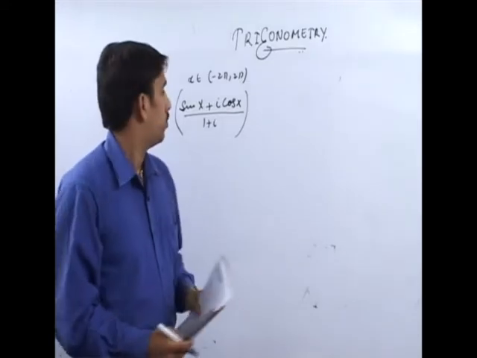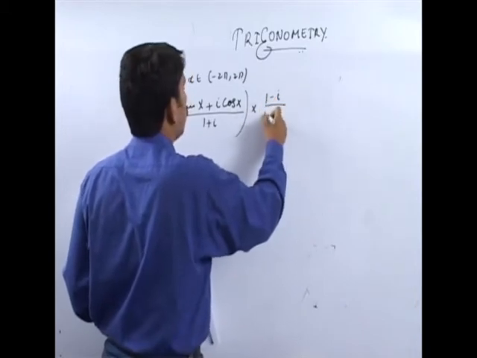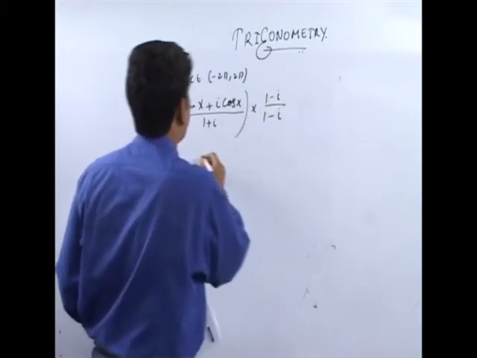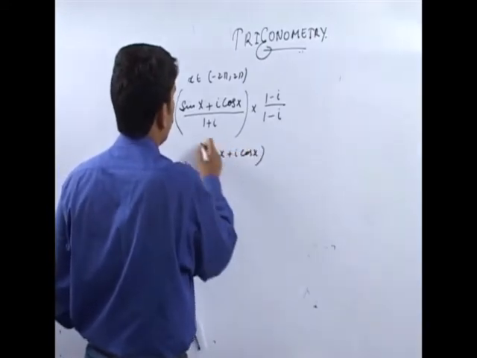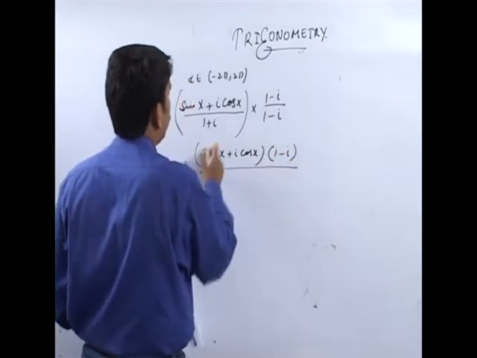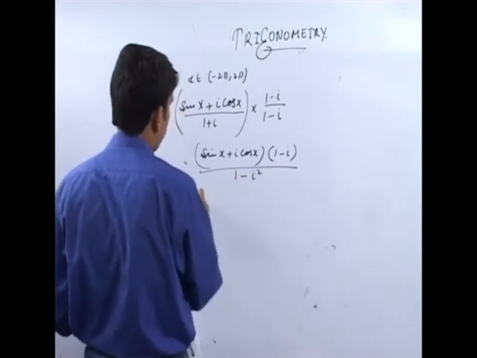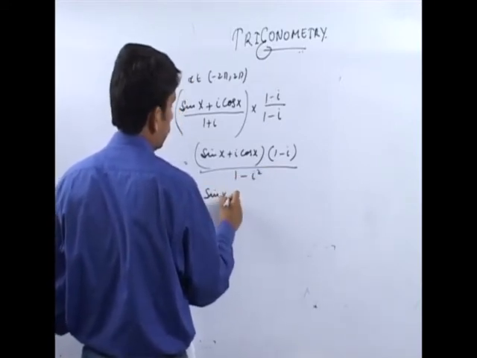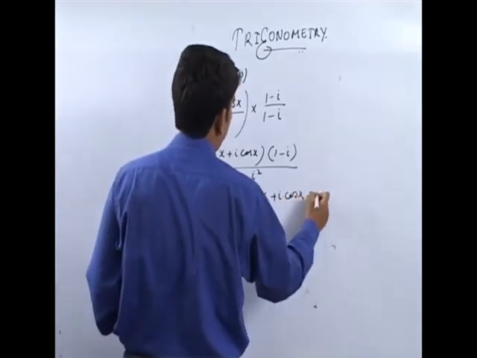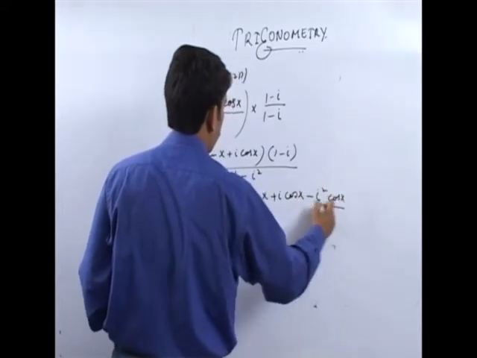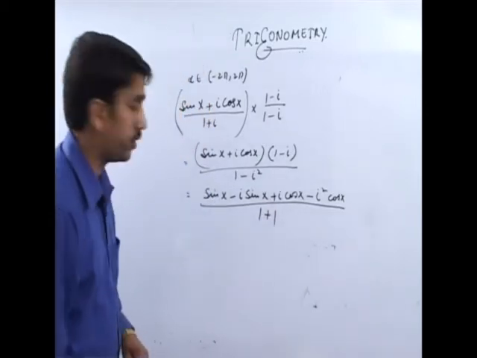Now first of all, we will rationalize it to put this expression into standard form. We will get (sin x plus iota cos x) into (1 minus iota) over, this is a plus b and a minus b, so you will get a square minus b square, which is 1 minus iota square. And this will be (sin x minus iota sin x plus iota cos x minus iota square cos x) over 1 plus 1, because we know that iota square is equal to minus 1.